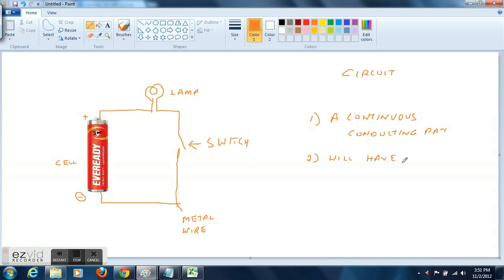It should have an on and off switch, and it should have a continuous path which is made of metal wire. So a circuit should have a continuous conducting path, a resistance, which in this diagram is a lamp, a switch for on and off, and a source of electricity, which in this diagram is a cell.